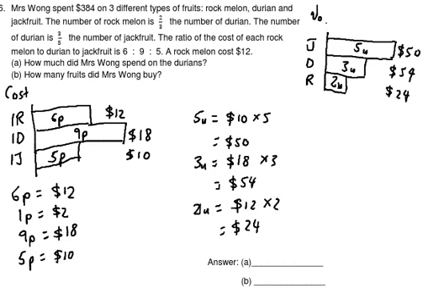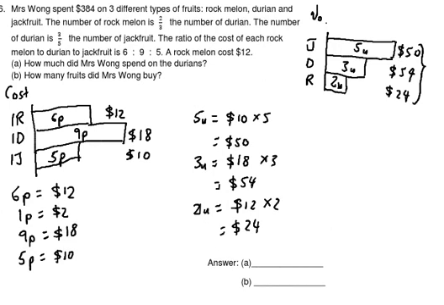In one set, how many durians are there? Okay. How many rock melons are there in one set, Daryl? 2. Okay. So we can find the total cost of one set of fruits, right? Which consists of 5 jackfruits, 3 durians, 2 rock melons.